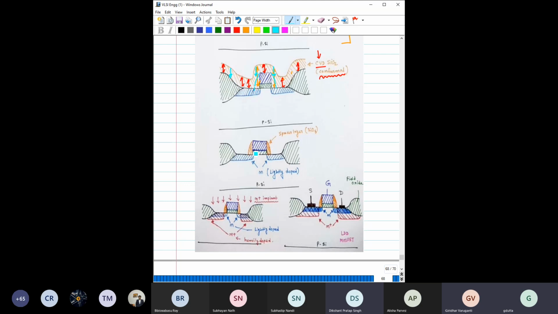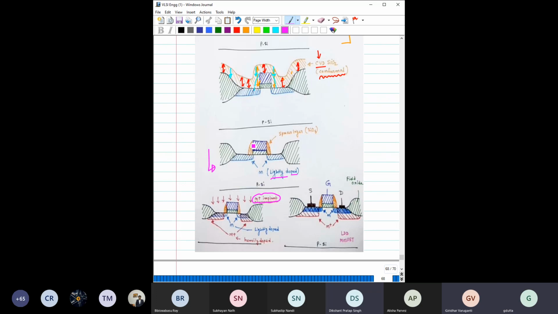This remaining oxide on the gate sides is called the spacer silicon dioxide. Now you have a structure like this, with the spacer layer on the sides. Now you do the N plus implant. Earlier we doped these two regions lightly, now we are doping heavily.